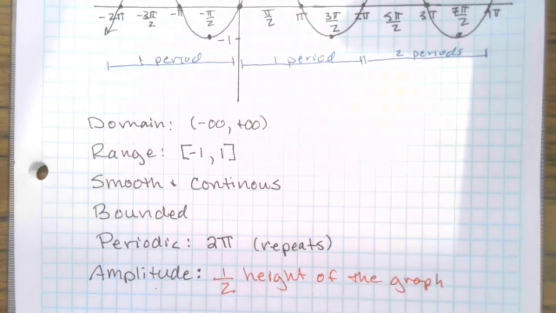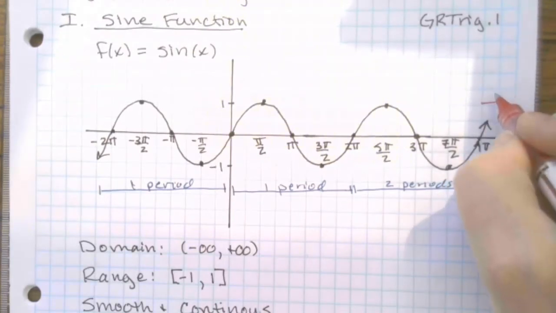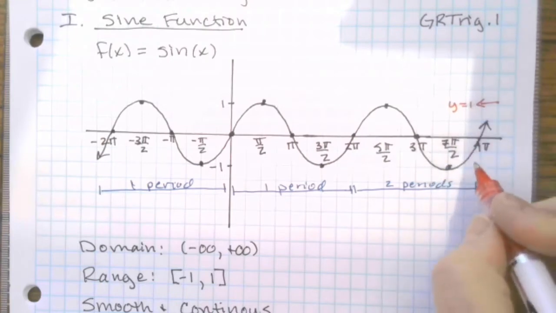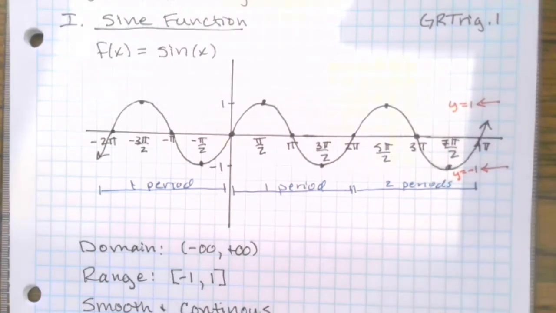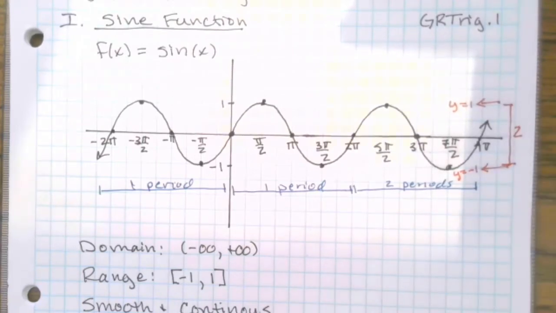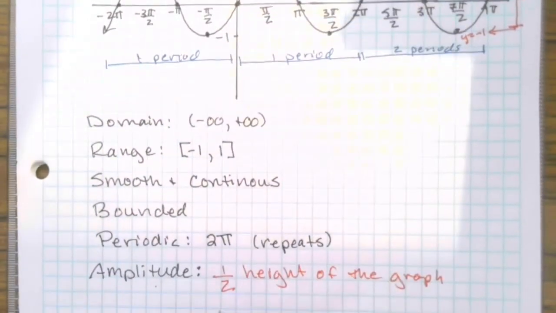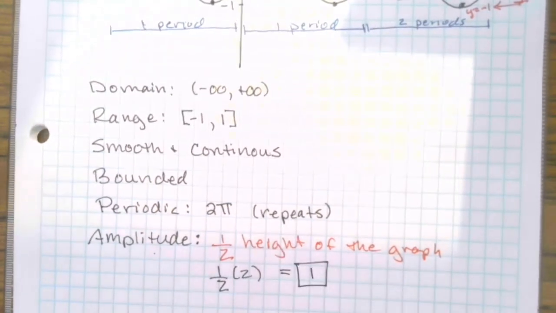So if we go back up to our graph, we have maximum values here at y equals 1. We have minimum values here at y equals -1. So from top to bottom, it's a distance of 2. So our amplitude is half of 2. So half of 2 means that our amplitude is 1 for sine graphs.